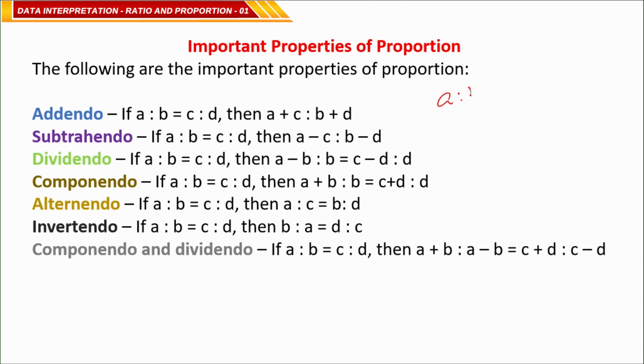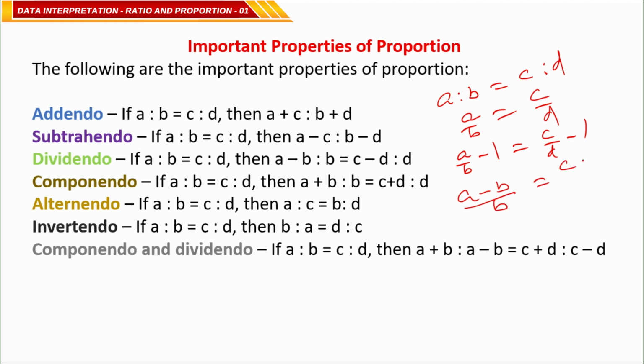When A is to B is equal to C is to D, that is A by B is equal to C by D, just subtract 1: A by B minus 1 is equal to C by D minus 1, or A minus B by B is equal to C minus D by D, or A minus B is to B is equal to C minus D is to D. Clear?